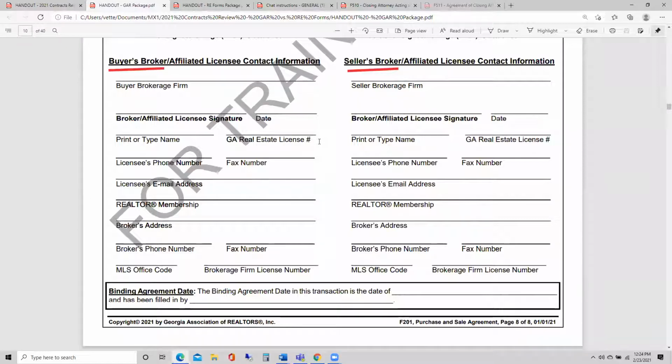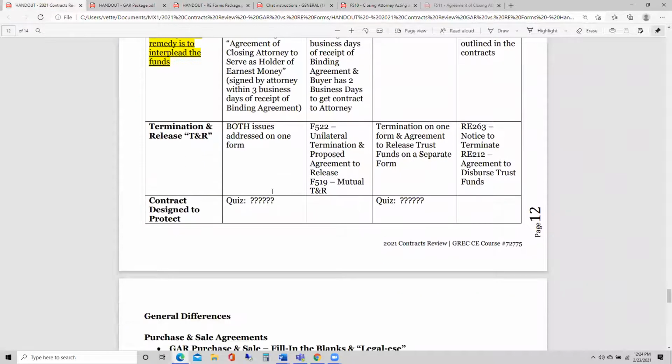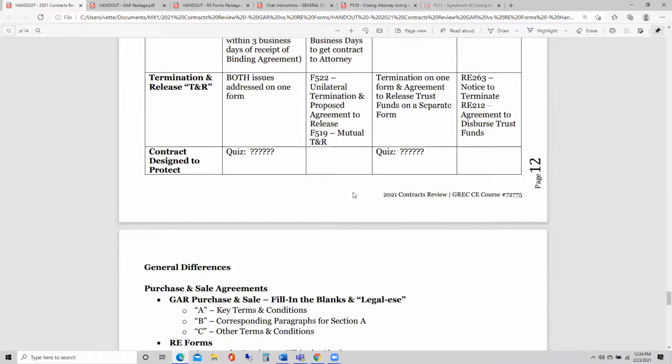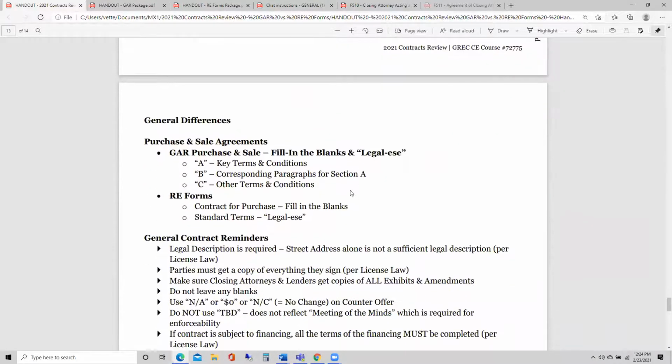So if you guys are a party to a HUD contract, new construction contract, attorney written contract, and so on, you better be putting in your license number and your firm's license number, or you're in violation of license law. So back to my pop quiz question. These contracts are really designed to protect you as licensees and your brokers.